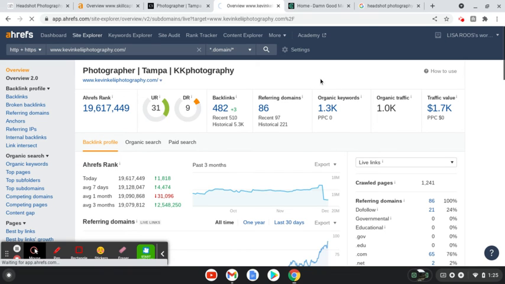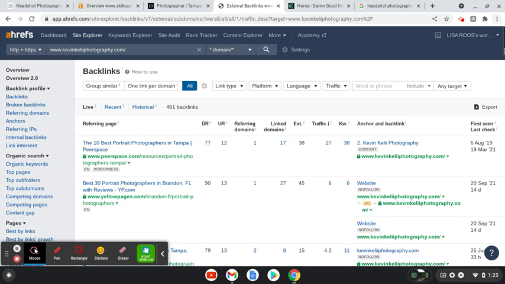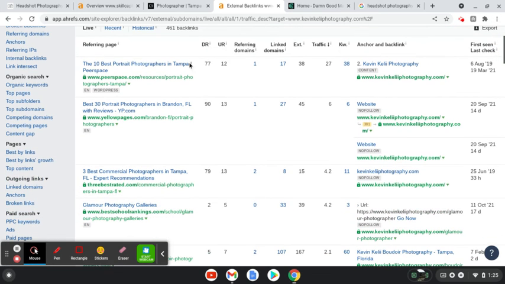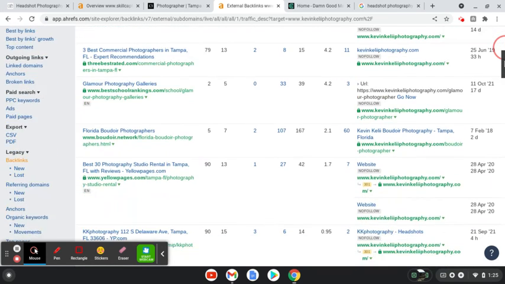And why it's important to have these is, once again, it just pushes power to your site. So what we would do is go in, and their DR and yours are the same. So we would go in for these high powered links, find out if there's a cost to them, and then find out how else we can push power to your website and try to mimic some of the same power that they have and get you ranking higher on Google.